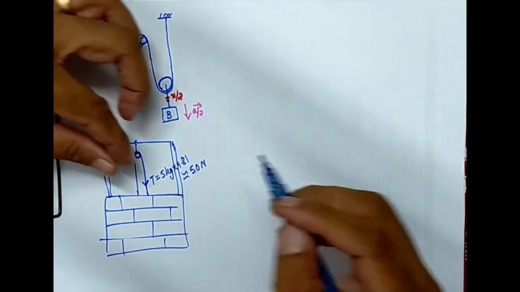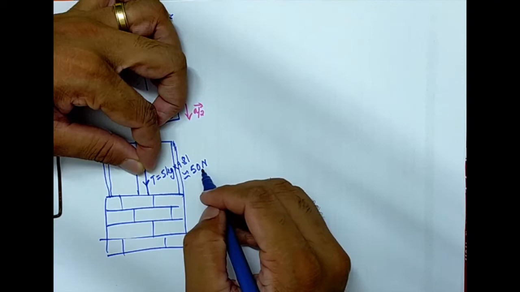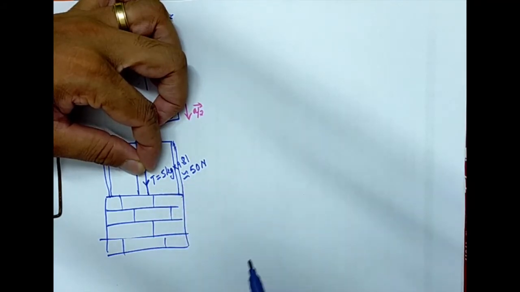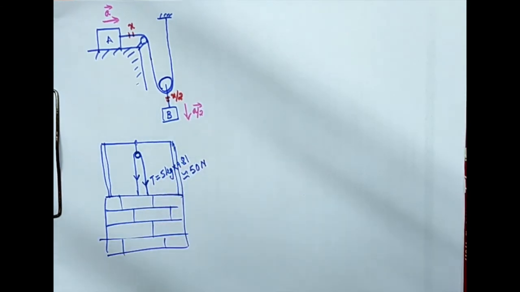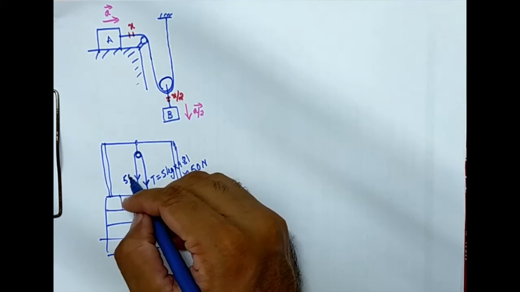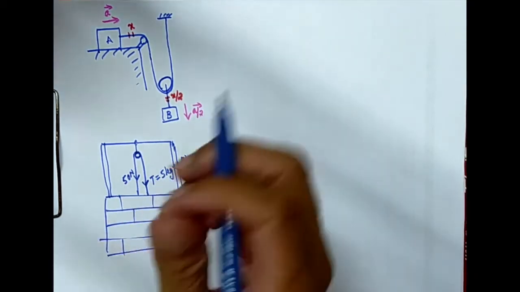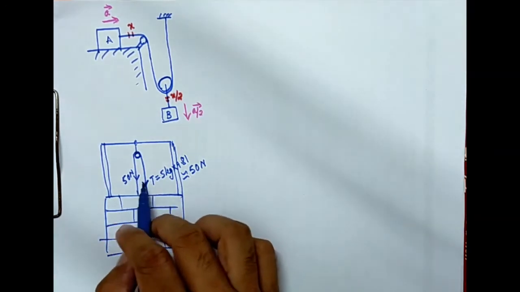If I'm holding at this point, this cable will be experiencing 50 Newton force, because the weight of the bucket is 5 kg, which is pulling it down. And what about this side? If you want to lift that 50 Newton, you'll be applying 50 Newton here also, right? You are pulling it with 50 Newton. The bucket will be pulling it with 50 Newton. So this is what the condition is.